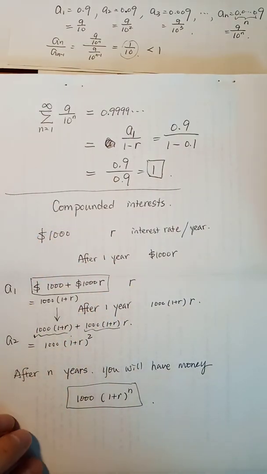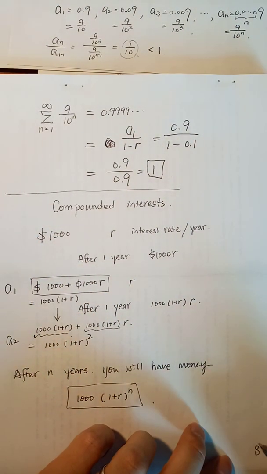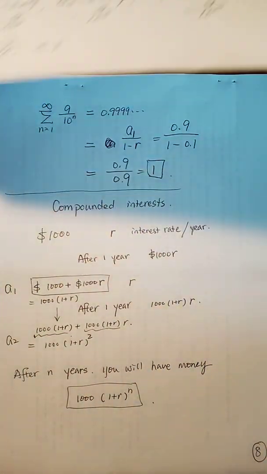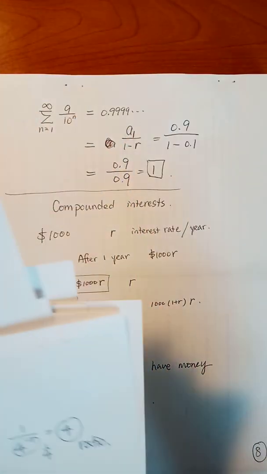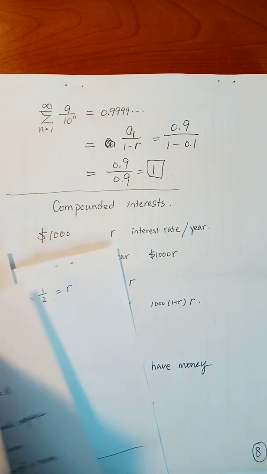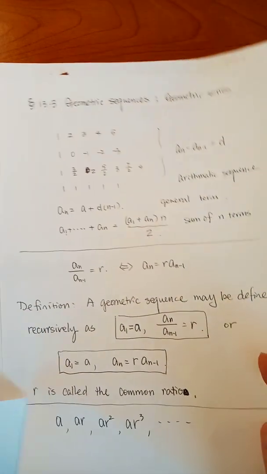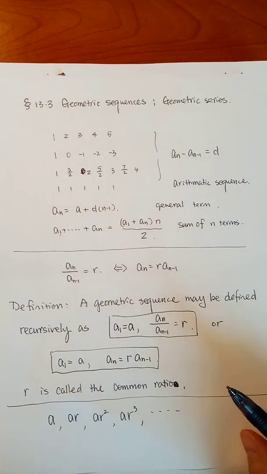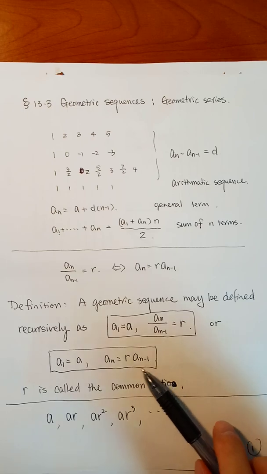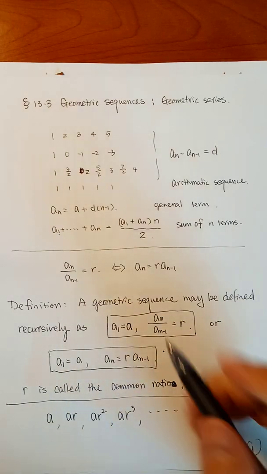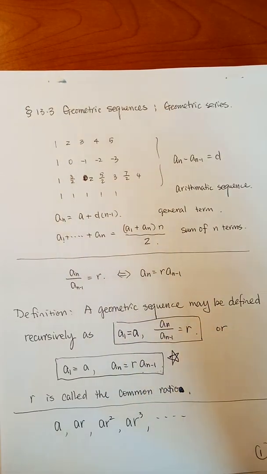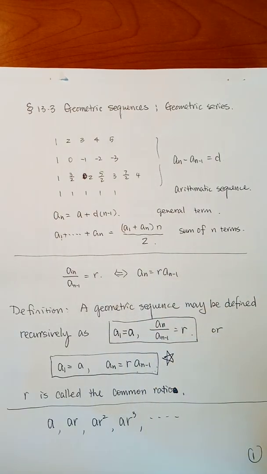You only need to know what? You need to know a few things. Let's check what you need to know. You need to know the definition. What is a geometric sequence? This is important. The definition.